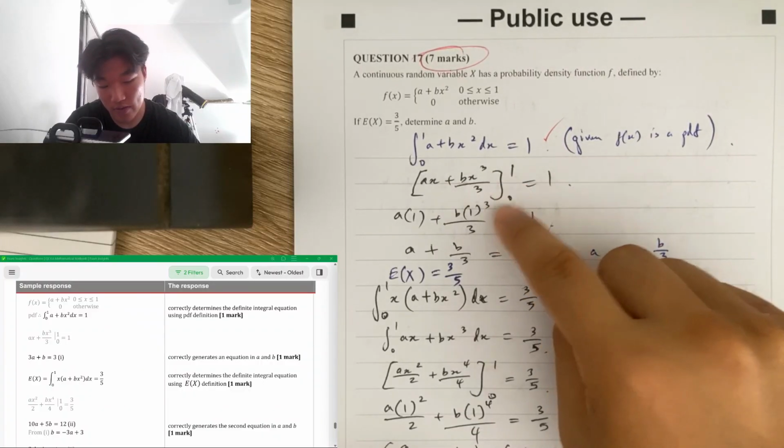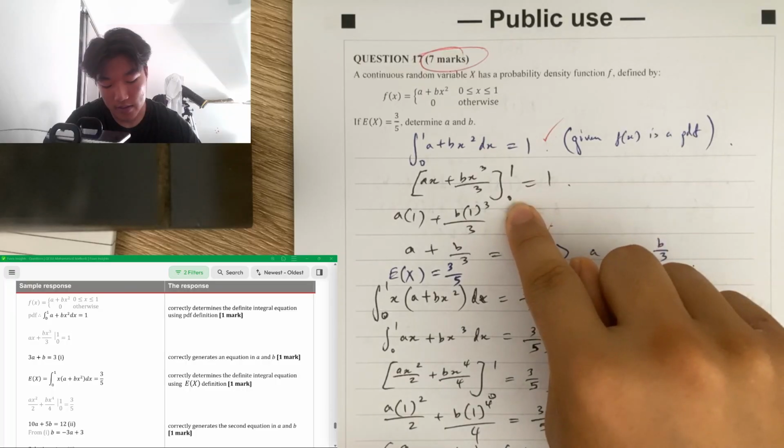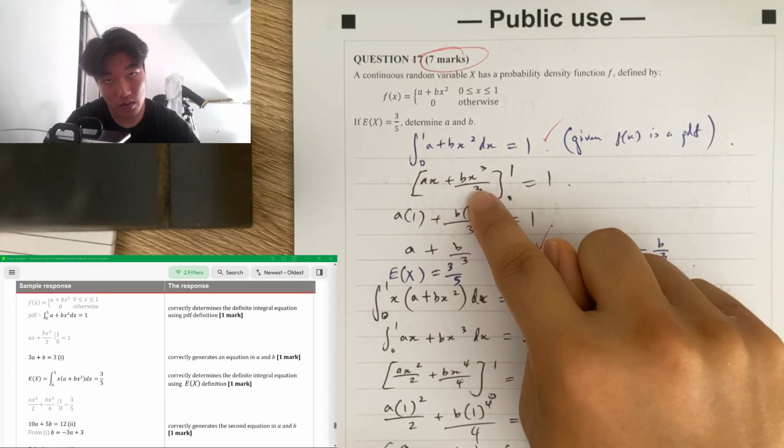The reason why there's no 0 part is because we can recognize that x is involved in both terms.